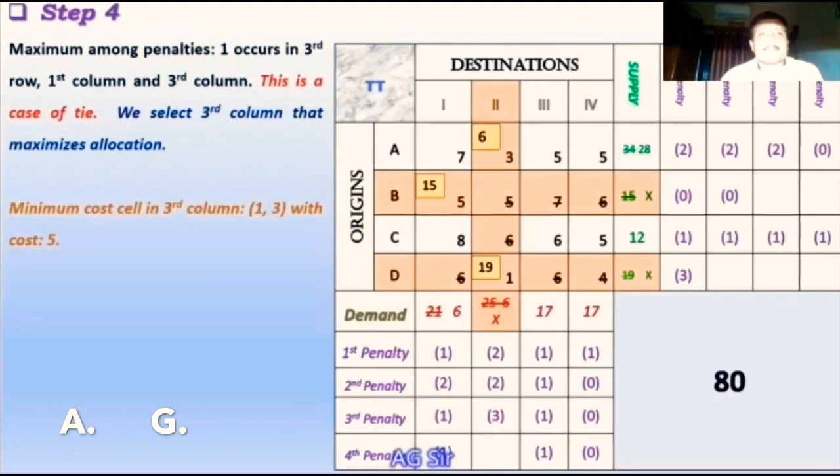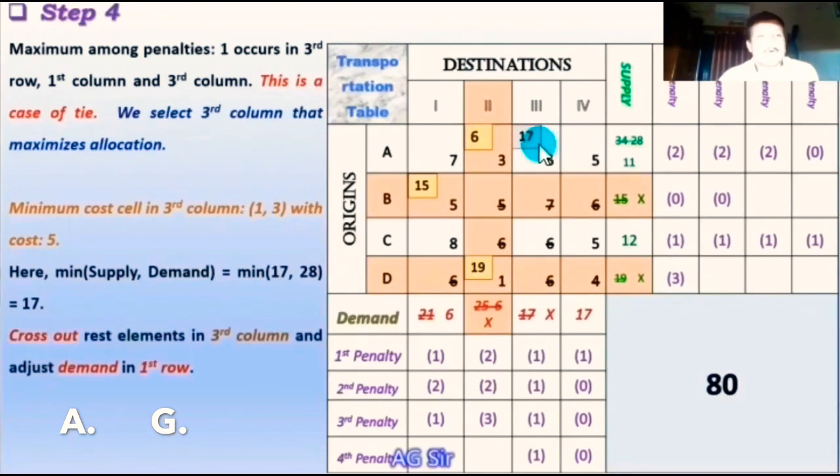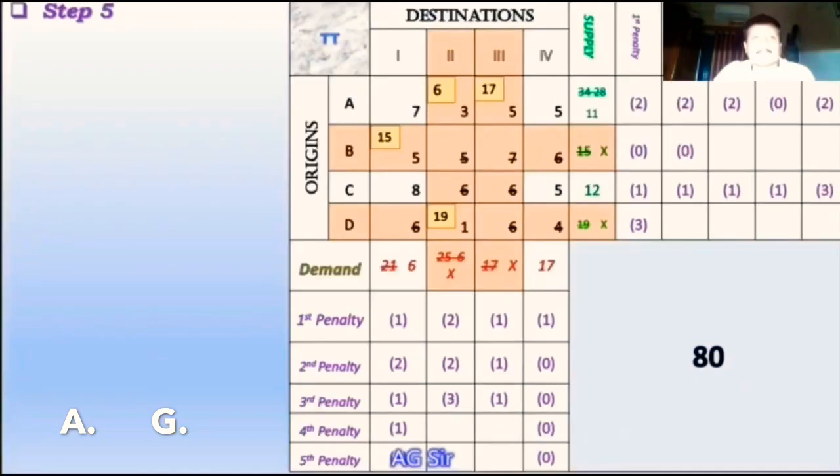Then the minimum cost cell is 5 and at this cell you allocate 17 units as before. Therefore, you cross out the rest of the elements of this column and you adjust your supply in the first row. The supply was 28, you have allocated 17, so you are left with 11 units of supply along your first row.